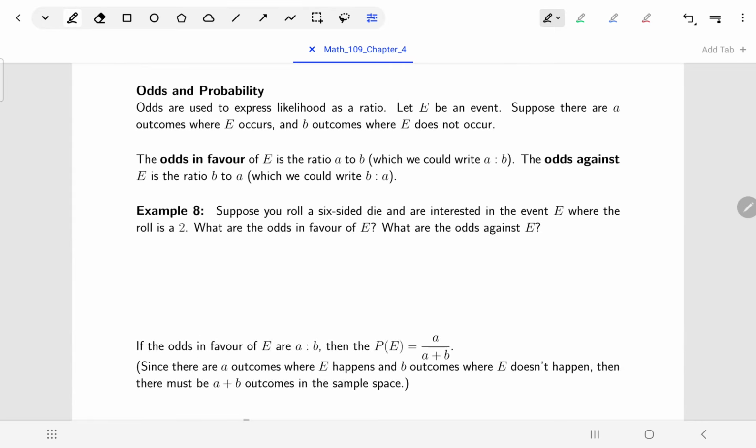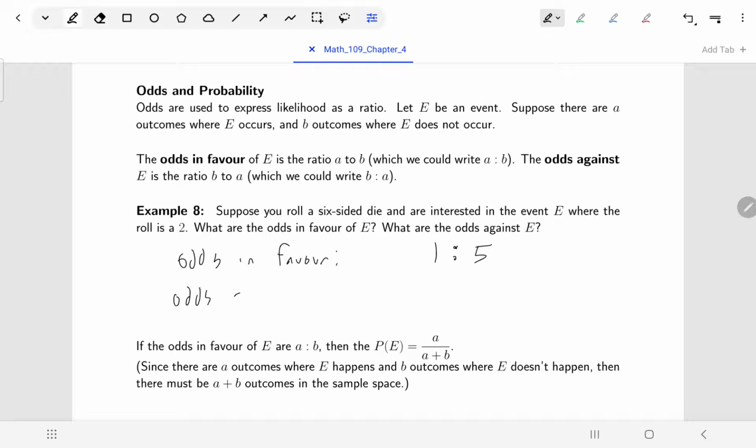So, for example, if we're rolling a six-sided die and we're interested in the event where the roll is a 2, the odds in favor of rolling a 2: well, there's one outcome where you're rolling a 2, and there are 5 outcomes where you're not rolling a 2. So the odds in favor are 1 to 5.